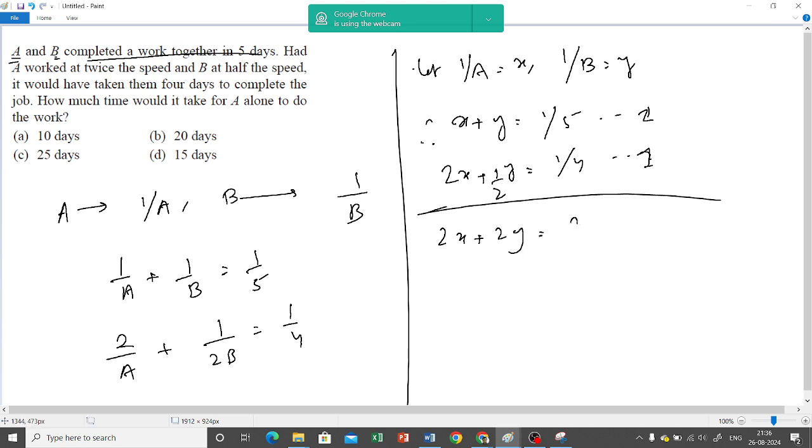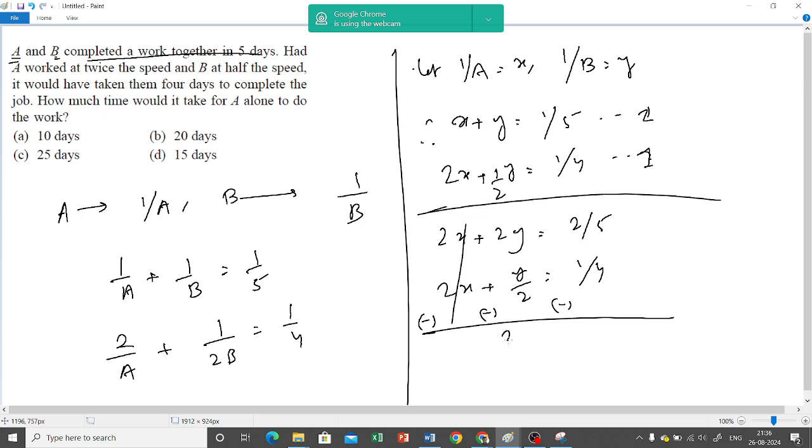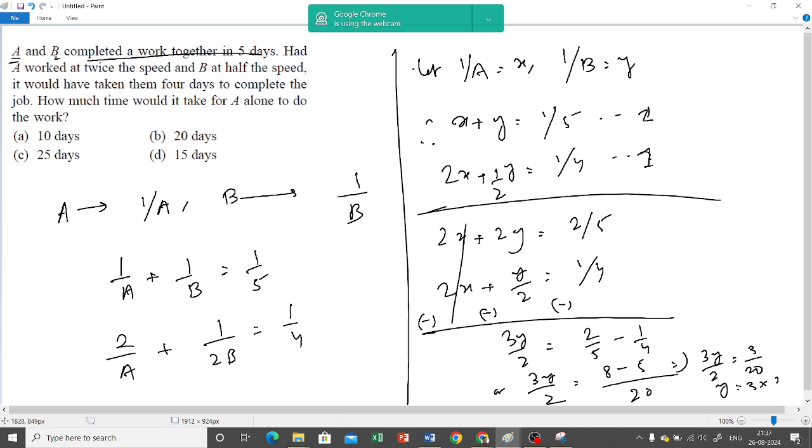2X plus 2Y is equal to 2 by 5. Subtracting, that's going to be 3Y by 2 and so on.